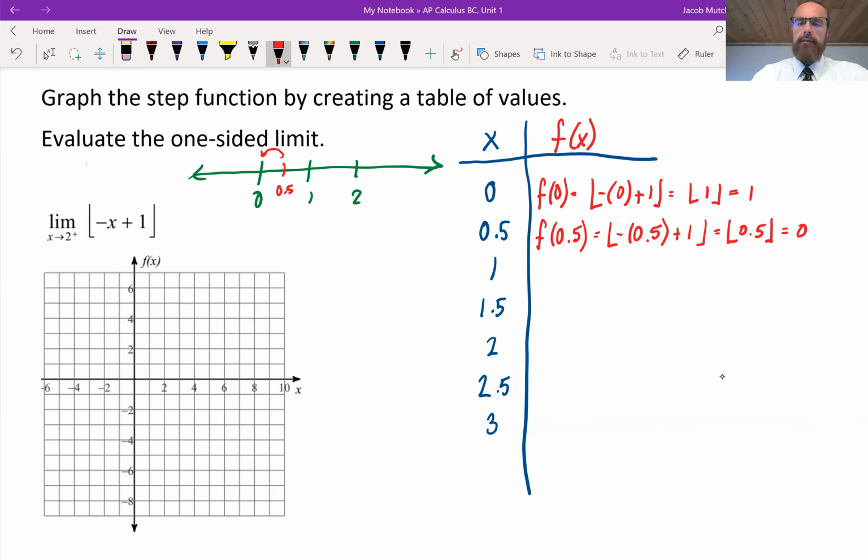Let's calculate f at 1, see what that looks like. So f at 1 is negative parentheses 1 plus 1. -1 plus 1 is 0. So anytime I have an actual integer in the step function, it evaluates as that number. Now I notice I've got a duplicated output. Let's see what happens at f at 1.5.